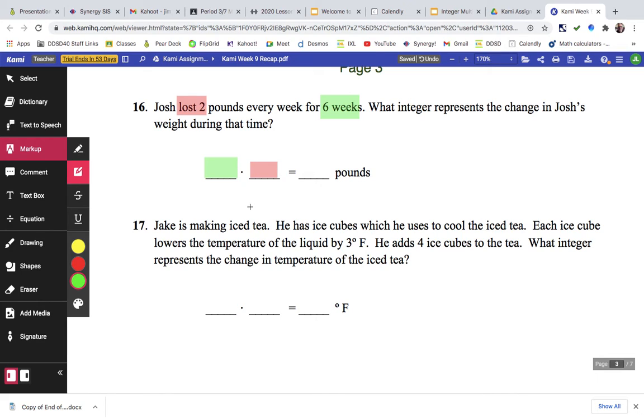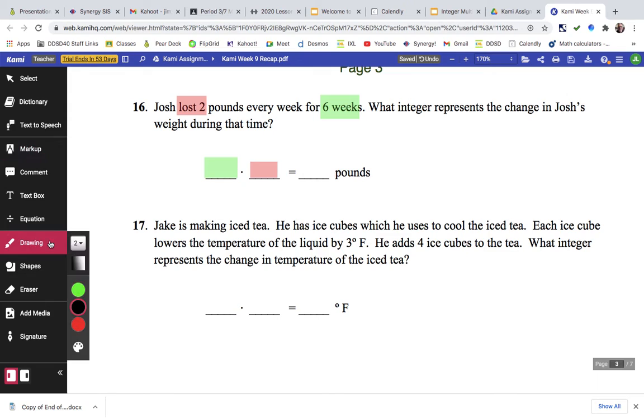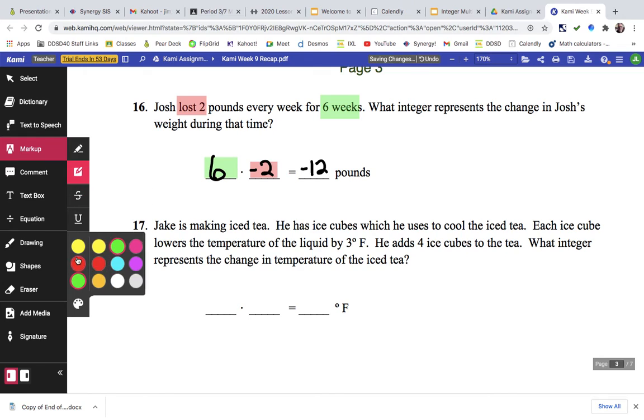So what integer represents the change in Josh's weight during that time? So this is 6 weeks times -2 is equal to -12. I guess just to be consistent, we can do that.